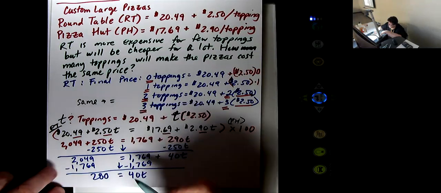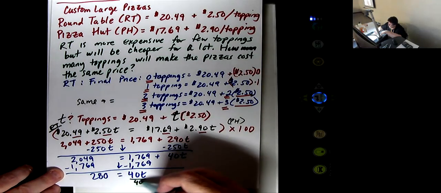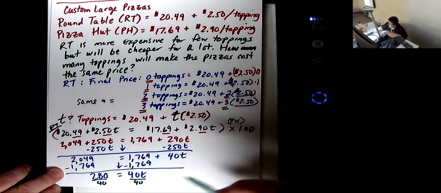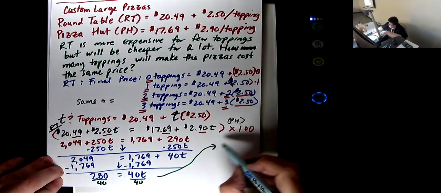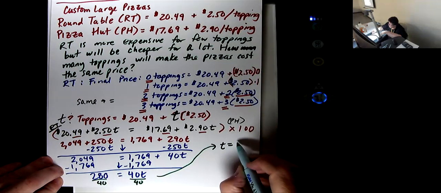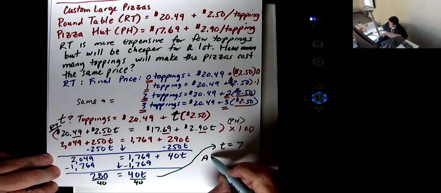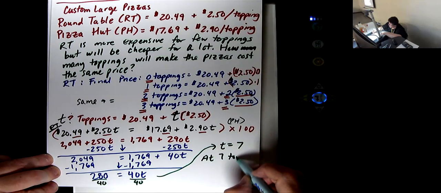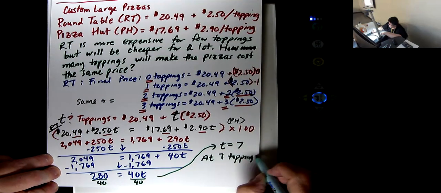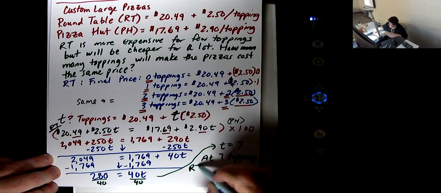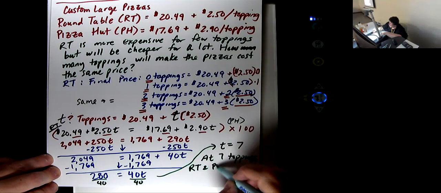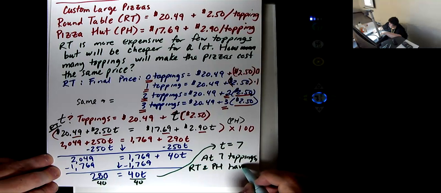Finally, I want to get t by itself, so I'm going to divide by 40, which means dividing the other side by 40. And this ends up being t equals 280 divided by 40, which is 7. So at 7 toppings, Round Table and Pizza Hut have the same price pizza.